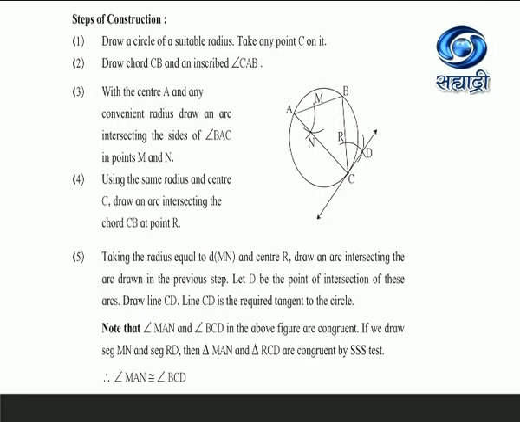The steps are again the same, I am repeating. Draw a circle of a suitable radius. Take any point C on it. Draw chord BC and inscribed angle CAB.